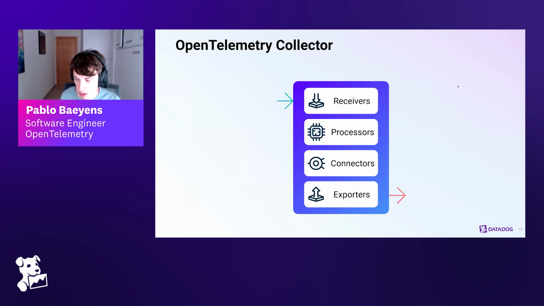But something that we are lacking today is stability. So we follow semantic versioning, and right now we try not to annoy our users too much, but we do make breaking changes from time to time. So this has been something that the community has wanted for a long time. The first time that this discussion was started in some way was at the very end of 2022, but we got seriously working on this at the end of 2023.